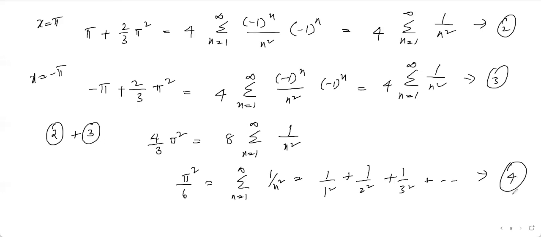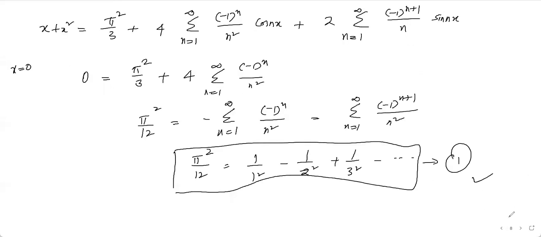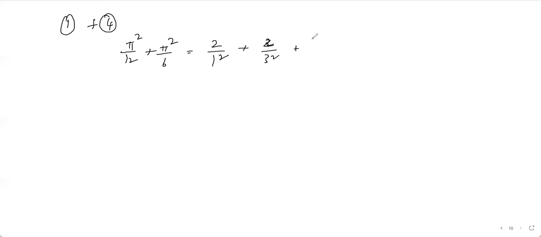Now let us take the result of 4 and the result of 1. Okay, adding these two, adding 1 and 4, which results to pi square by 12 plus pi square by 6 is 2 by 1 square and 2 by 3 square, 2 by 5 square, and so on.